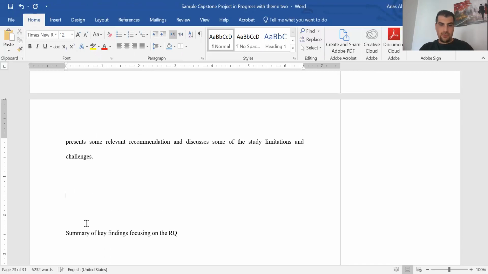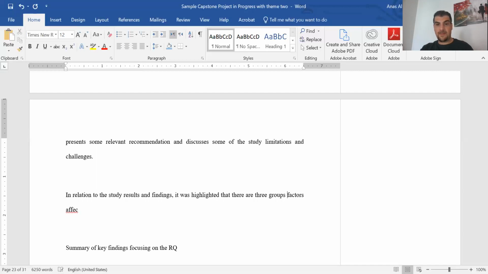Okay. In relation to the study results and findings, it was highlighted that there are three groups of factors affecting student attention.